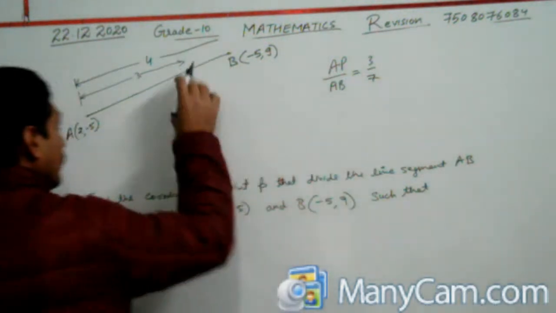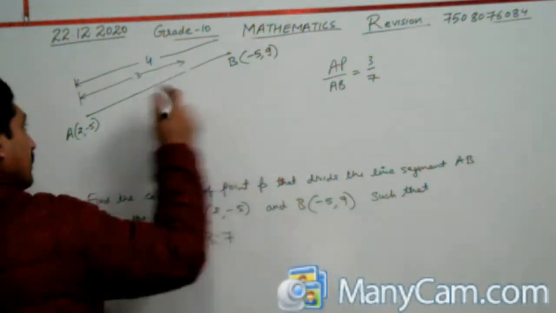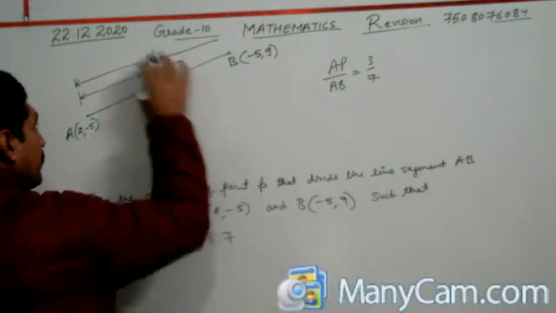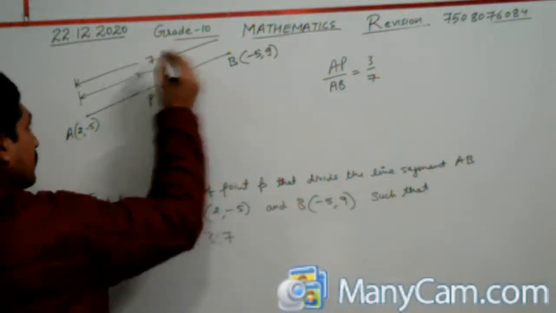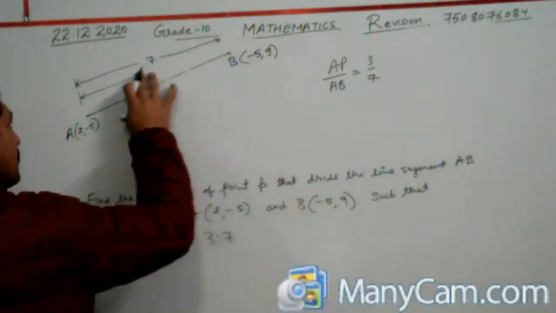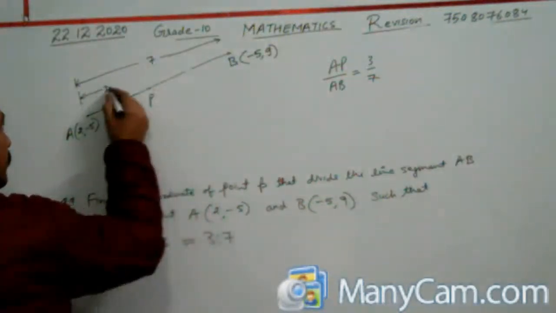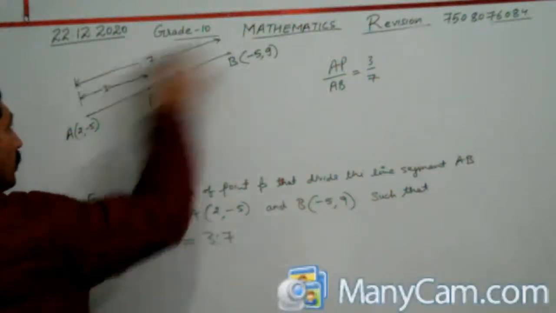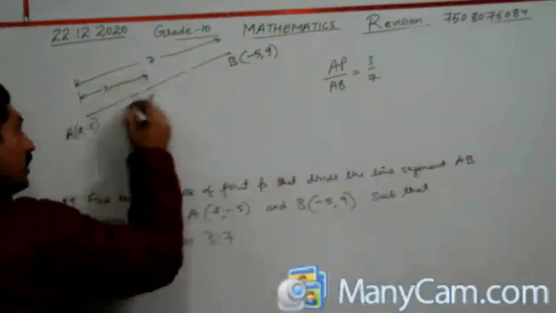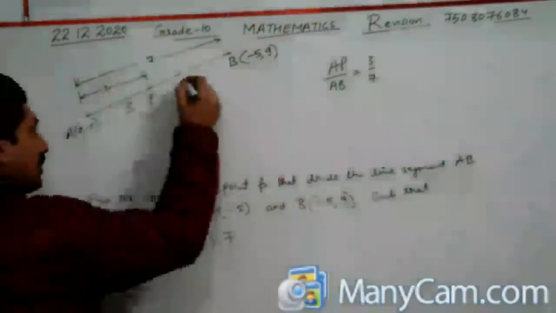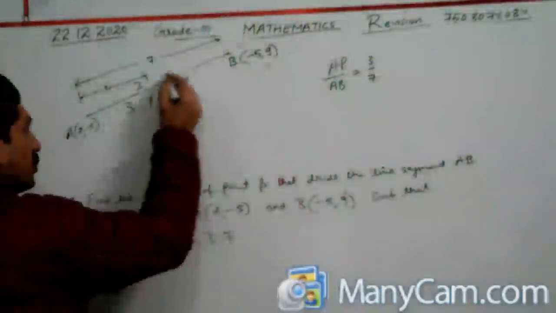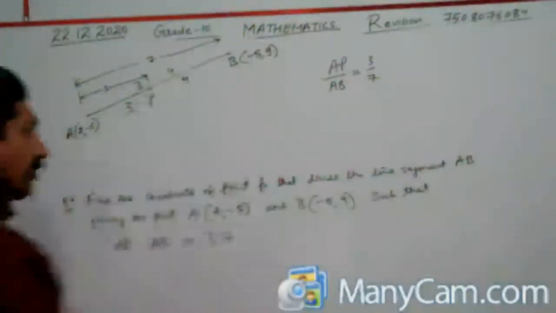P is the point, this distance is given as 7, same like your NCERT question. This distance is 3 and the total distance is 7. So the ratio is 3 to 4.